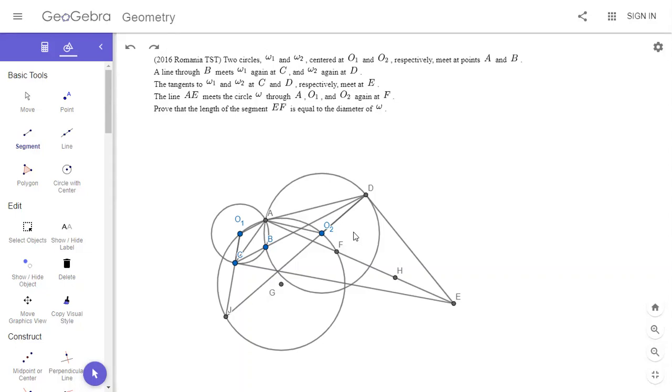Seeing so many different things here, but yeah, it's just hard to see.